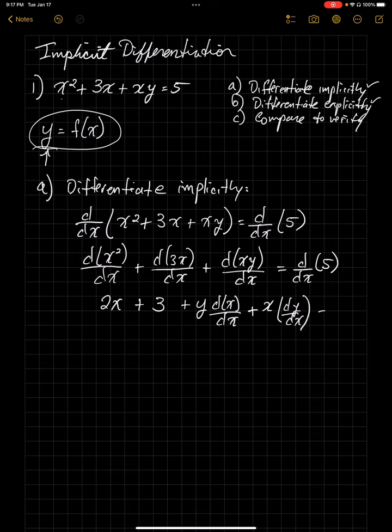And then this is, of course, all equal to the differential of 5 with respect to x, which is just equal to 0.